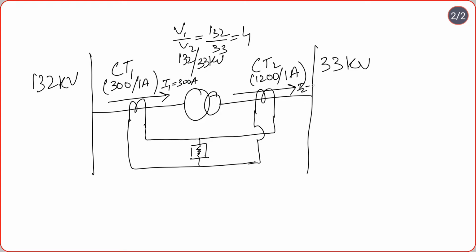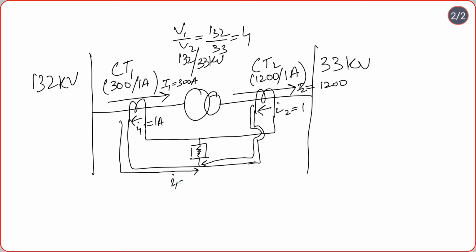I2 will be equal to 1200, and in the secondary side we will get I1 flowing in this direction and it will be equal to 1 ampere. Sorry, it's I2 and it will be equal to 1 ampere. So this current in normal condition will flow like this, and this current will flow like this, and it will reach this point.